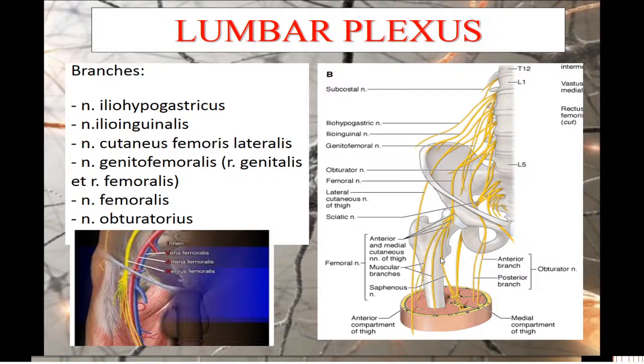And of course, longest branch of the femoral nerve is saphenous nerve, nervus saphenus. This saphenous nerve passes as the component of neurovascular bundle of the thigh. Here it passes together with the femoral artery and femoral vein and does not give any branches in the region of the thigh.